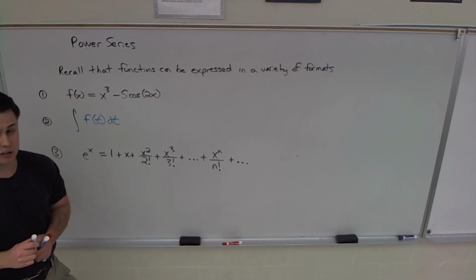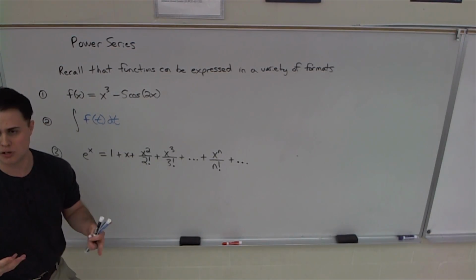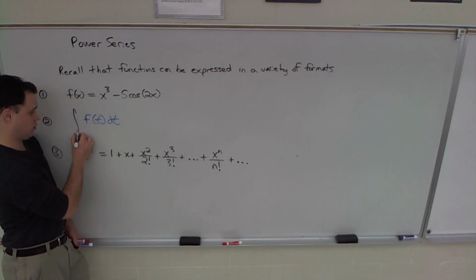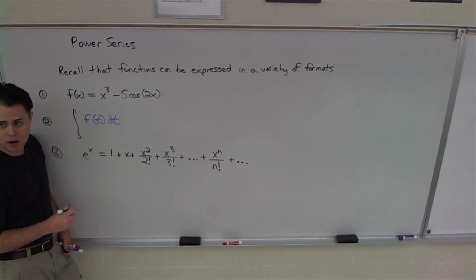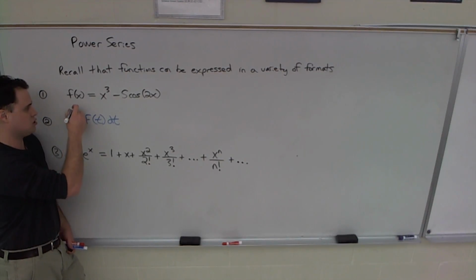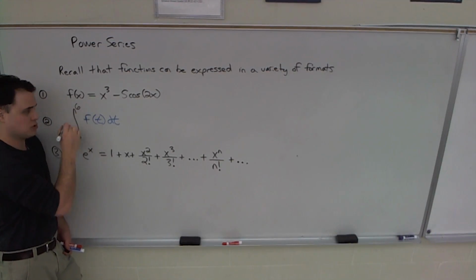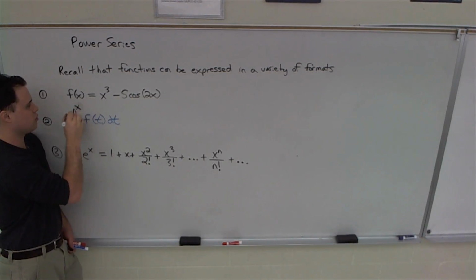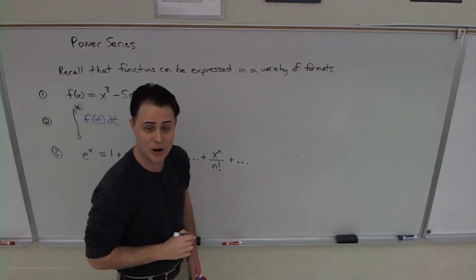I'm just reminding you that you've seen other kinds of functions represented in different ways. And then you could start accumulating at 3 or wherever you want. You could accumulate from 3 to 6, you could accumulate from 3 to infinity, you could accumulate from 3 to some unspecified value x.